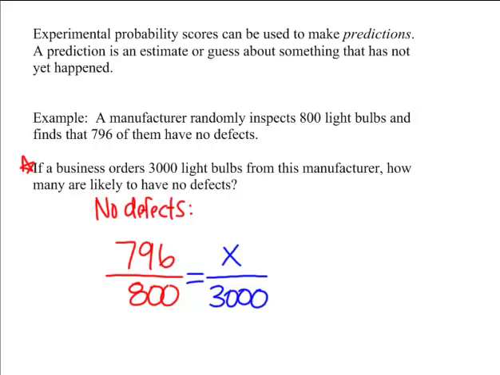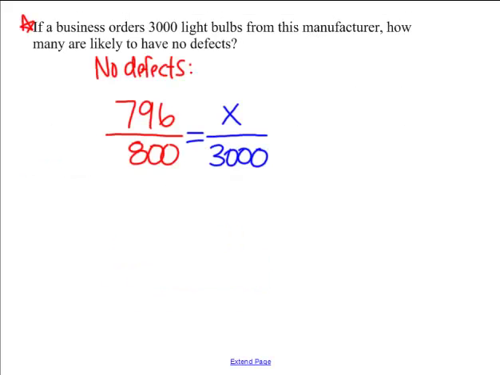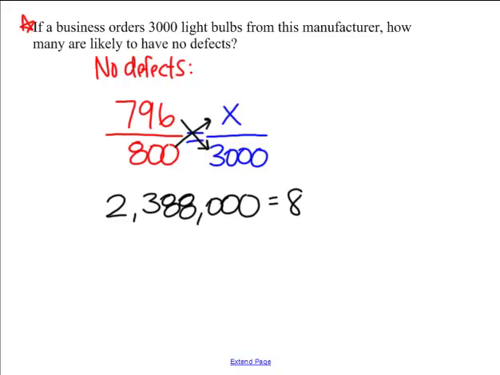So what we can do is do some cross multiplication and figure out what x equals. So if you do 796 times 3,000, we're going to get a big number. You get 2,388,000. And then on the other side of that, it's going to equal 800 times x.